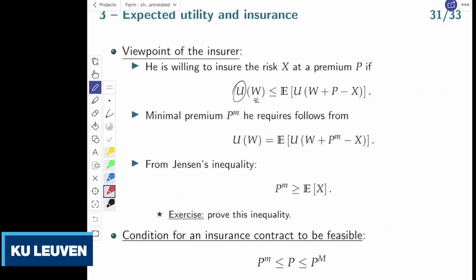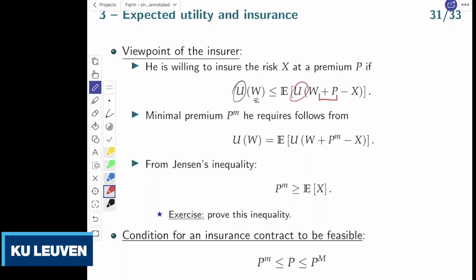And if you have a look, U is an increasing function, and now you have plus P, meaning that the right-hand side will be an increasing function of P, which makes sense, I hope, because the more premium the insurer receives, the better for him, right?